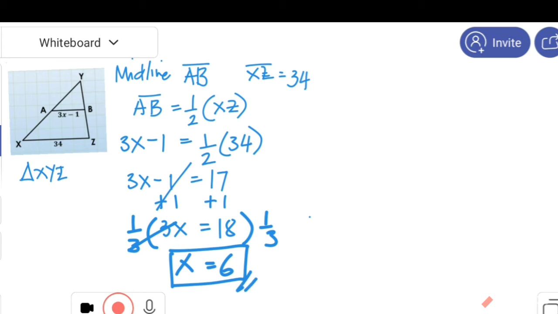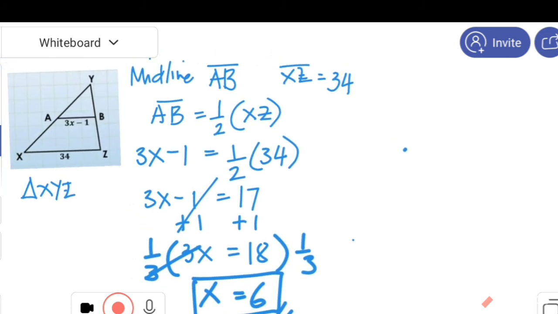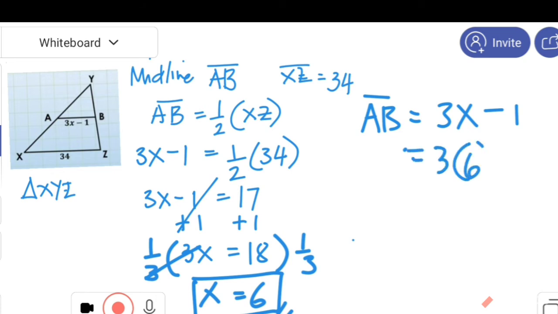It's not yet the length of the midline because we just found the value of x. Now let us substitute. AB is equal to 3x minus 1. So 3 times 6 minus 1. 3 times 6 is 18, minus 1 is 17.